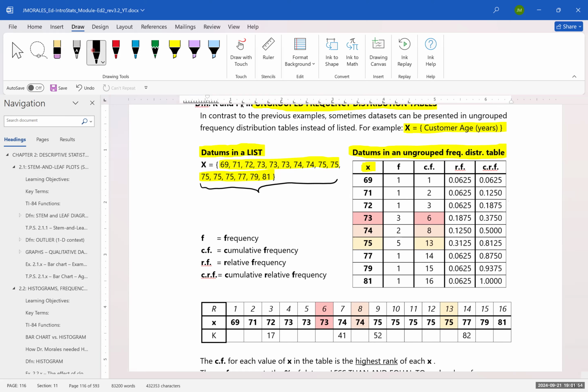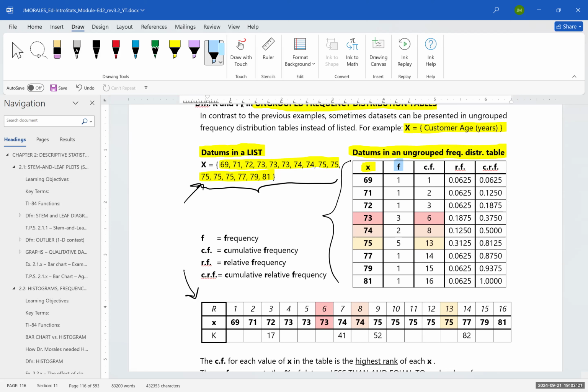But what if the data isn't formatted like that, but is instead formatted like a table? So I've already talked about the first 2 columns. The first column is each individual value of X in the data set. The second column is the frequency for each of those values in the data set.